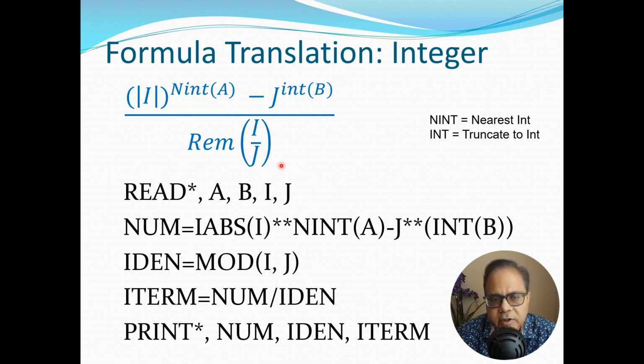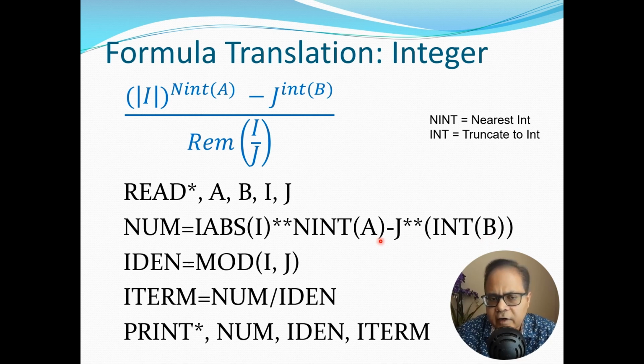So let's write a simple code for this. First I read a, b, i and j. Of course, a and b are real here, i and j are int. I can write the numerator as abs i to the power, abs i, which is this value here, to the power nint a, which is this value here, minus j to the power int b.